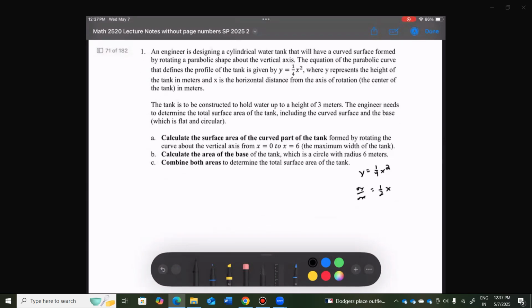So if I'm doing it with respect to x, my integral is going to be 2 pi, a to b, x square root of 1 plus dy over dx squared dx.